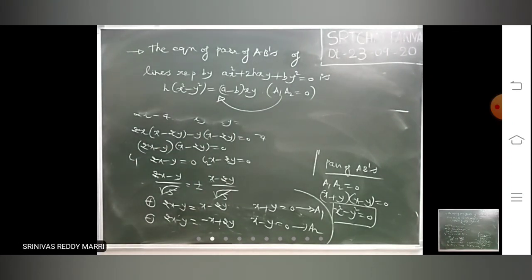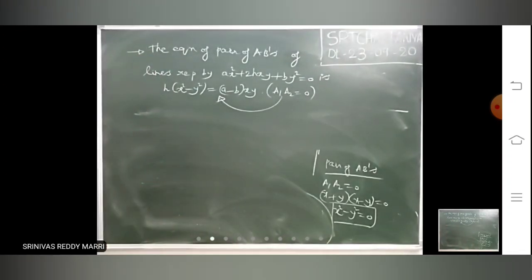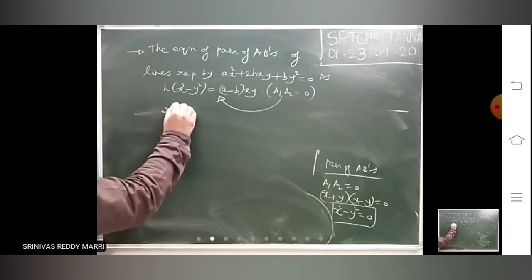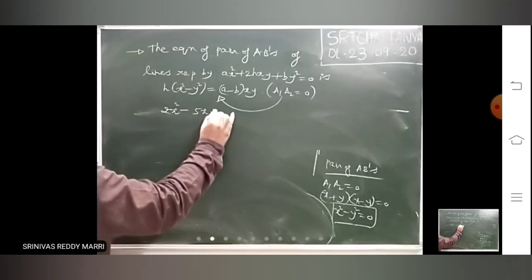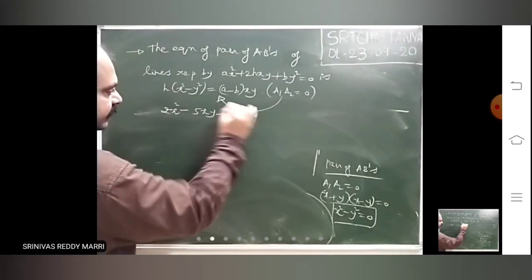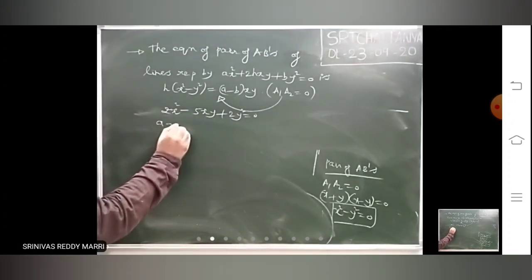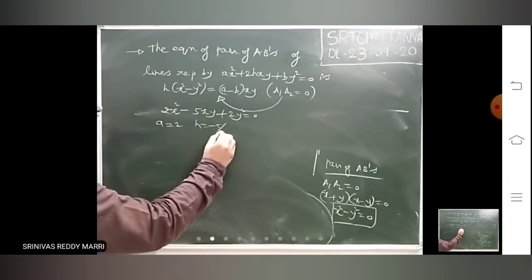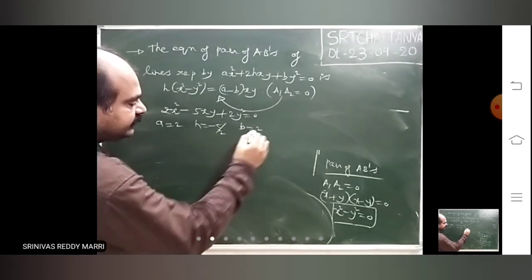Suppose take the previous question and apply the formula. What is the equation given? 2x square minus 5xy plus 2y square equal to 0. This is the pair of angular bisectors I am finding. A equal to 2, 2h is minus 5, h is minus 5 by 2, b is 2.